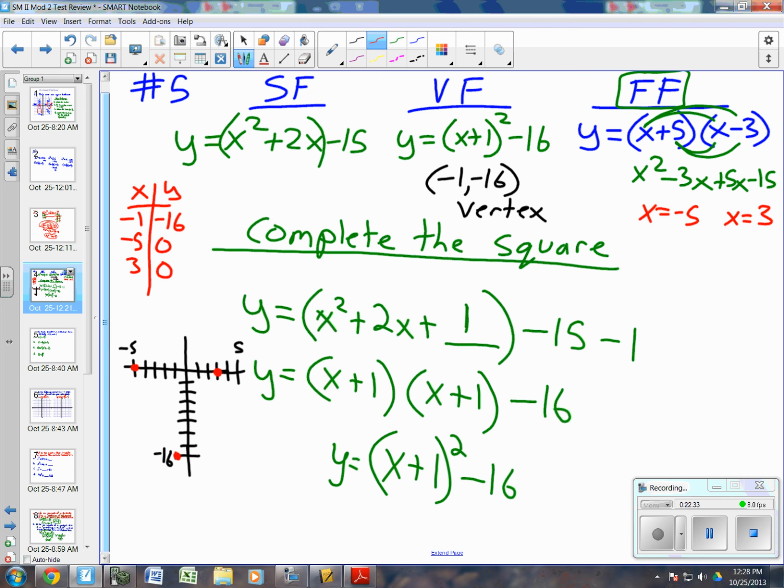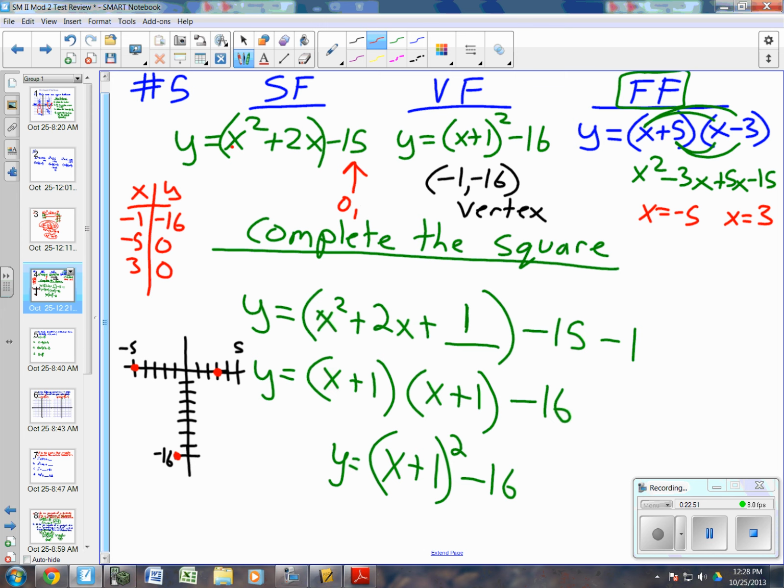Is there another point that one of these other forms will give me? My standard form, I can get my y-intercept, can't I? Remember, the y-intercept's always the constant, because if you put 0 in for x right here, you're going to get 0 squared plus 2 times 0 is all 0 minus 15.